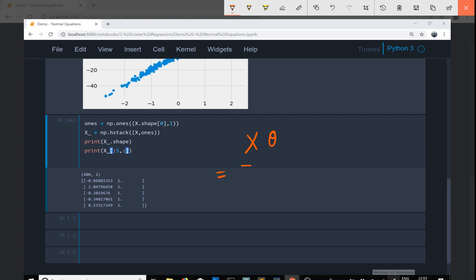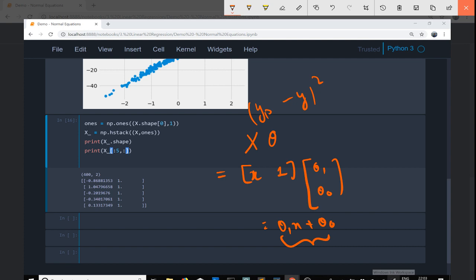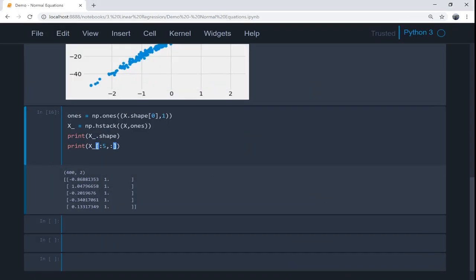And when you do this 1 times theta naught, and x times theta 1, it becomes theta 1 x plus theta naught, right? So this is the value of our hypothesis, h theta of x, or you can say it is nothing but y predicted. So y predicted minus y, square it up, you get the loss, right? So this is your x new matrix.